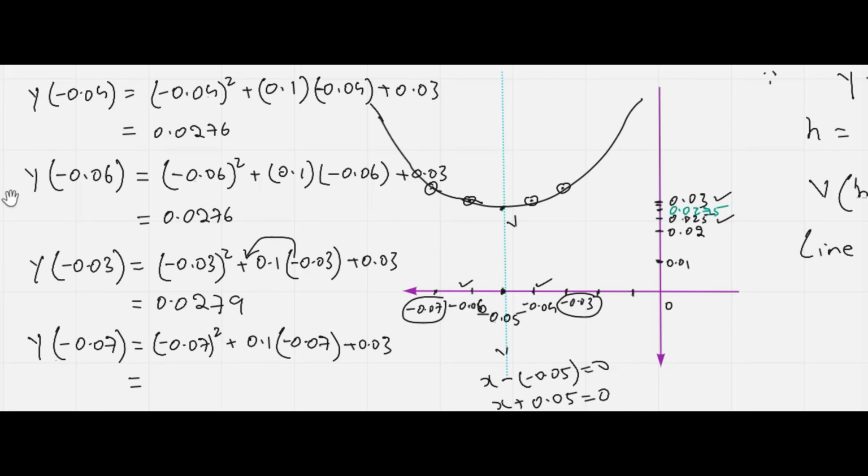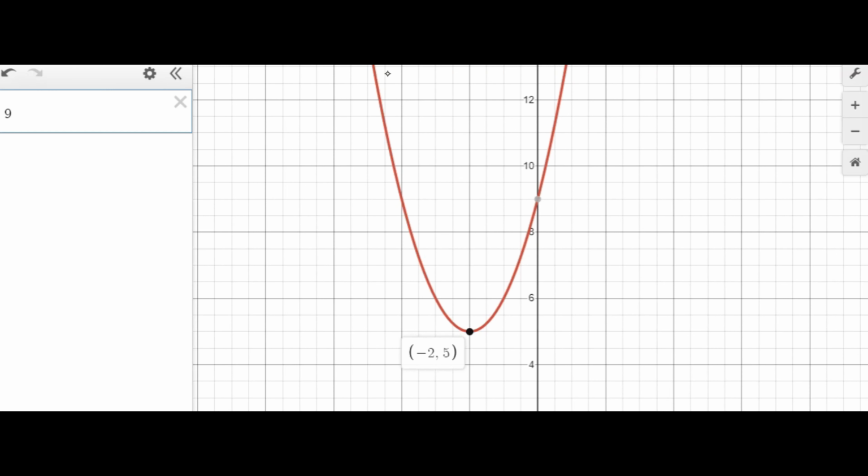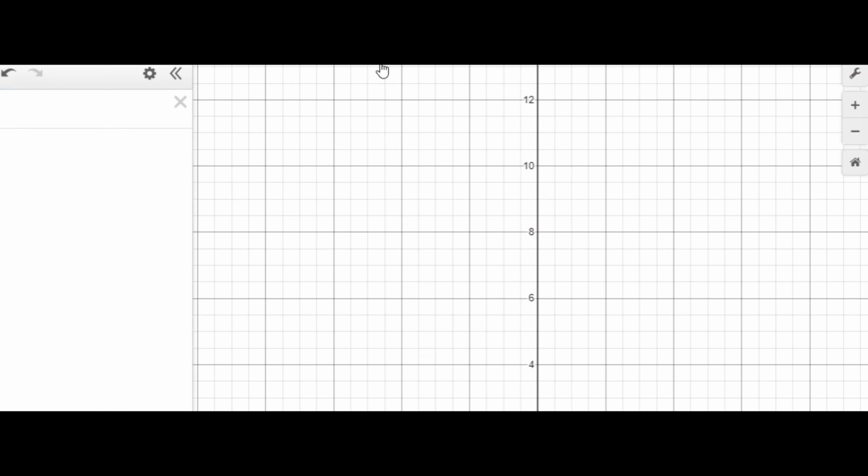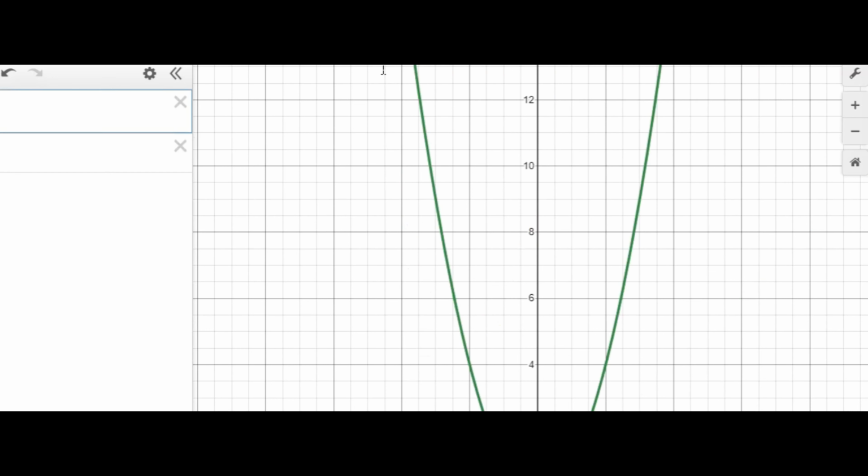Now let us check through our graphic calculator. Okay, so it's 0.0279. So let us check now through our graphic calculator. So if we just come here, okay, so y equals x square plus 0.1x plus 0.03.